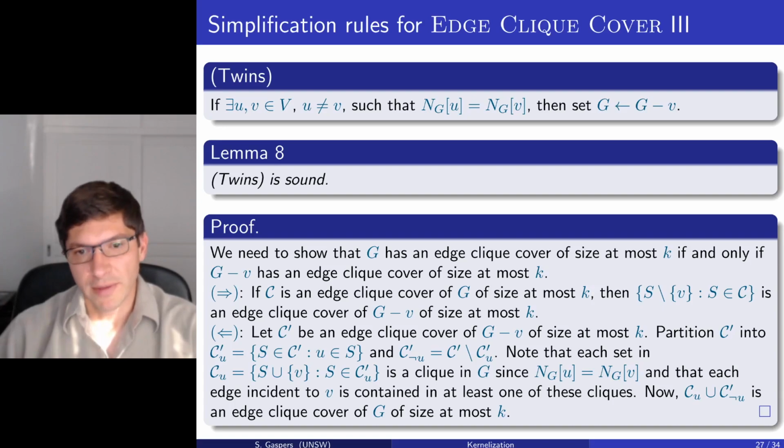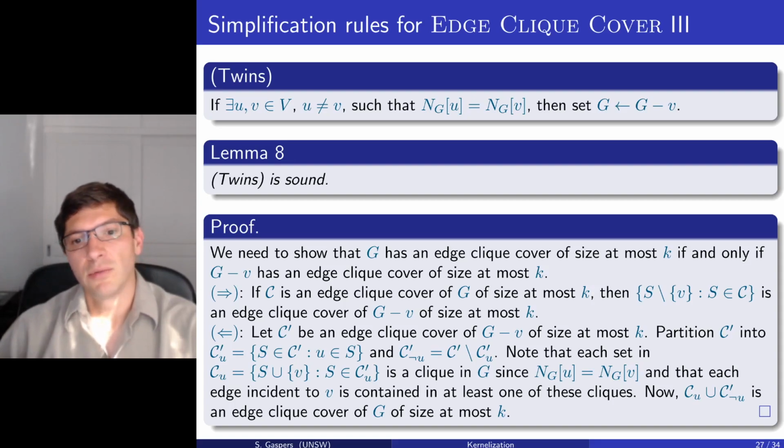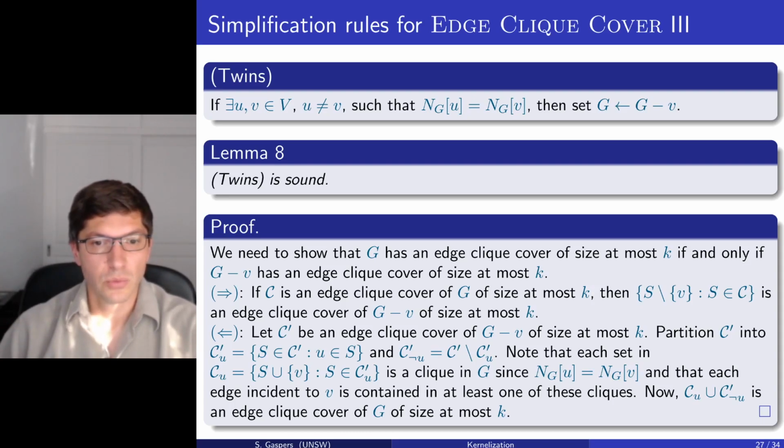Now, if we have an edge clique cover of G minus V of size at most k, then we can partition the cliques into two sets. First, those cliques that contain U, and then those cliques that do not contain U. For every clique that contains U, we add V also to those cliques. For those cliques that didn't contain U, we just leave them alone, we just copy them over.